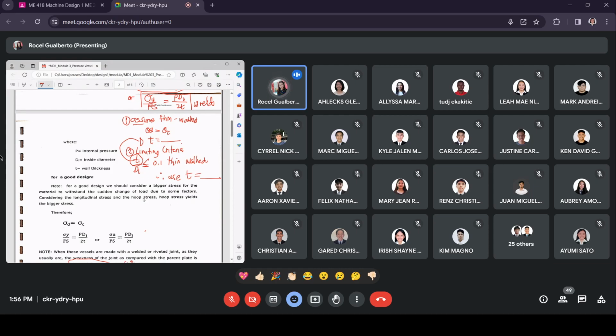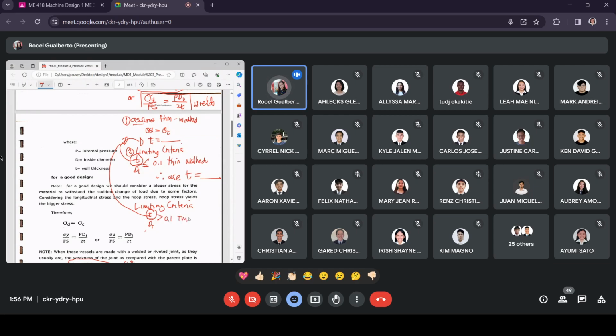Oh, but then the other way around, if you solve for the limiting criteria, T over D sub I, again, this T would be the same as this answer. Okay? The same as this one. T over D sub I, but then it happened, it is greater than 0.1.